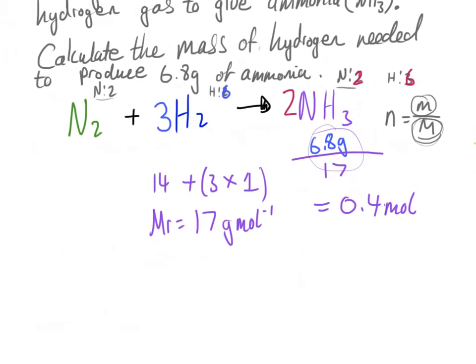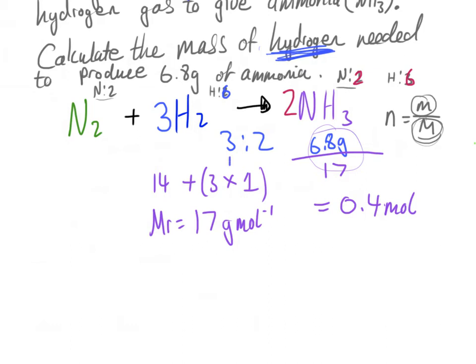Knowing that there's 0.4 moles of NH3, we can now look at the molar ratios in this equation. We're trying to find out the mass of hydrogen needed. The ratio between hydrogen and ammonia in this particular equation is a 3:2 ratio. As you can see, three hydrogen molecules for every two NH3 molecules.